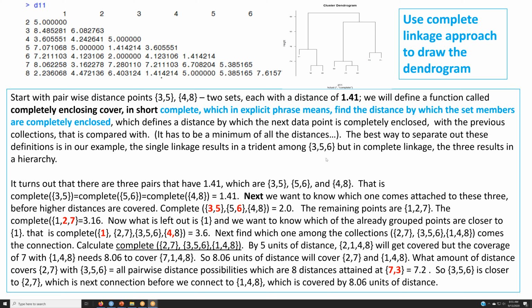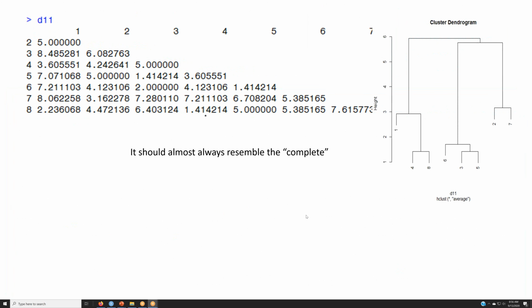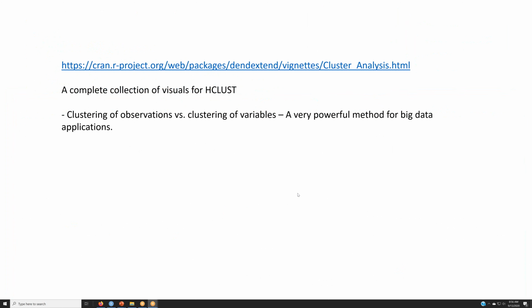So in terms of the difference between the previous one and this one, we are talking about a distance that covers all the other points. That's why we call it complete linkage, instead of saying minimum linkage, single linkage. On the other hand, it's another way of drawing the picture here.